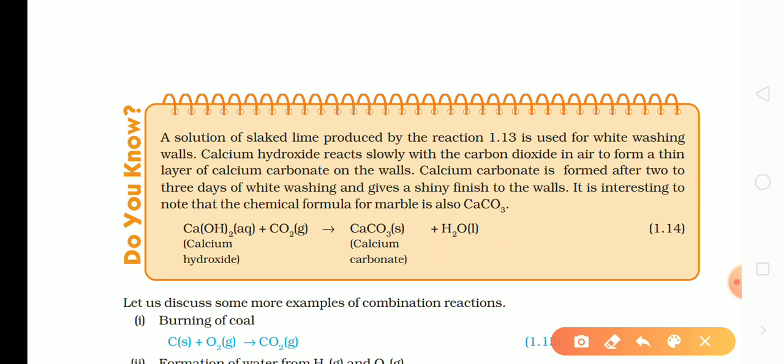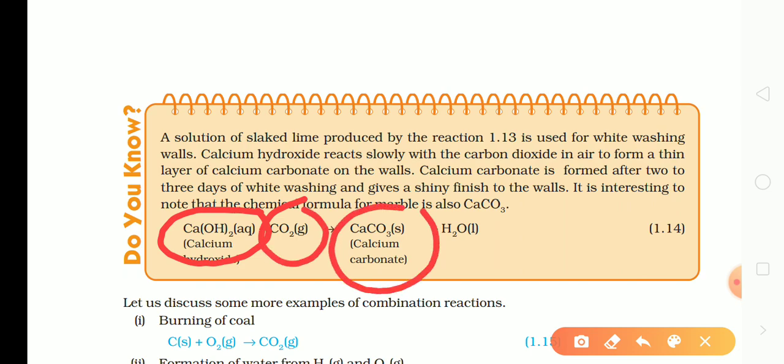After 1 or 2 days you can see a very shiny appearance because this calcium hydroxide reacts with carbon dioxide present in the atmosphere to form calcium carbonate, with the liberation of water, and this calcium carbonate gives a very shiny appearance to the wall.